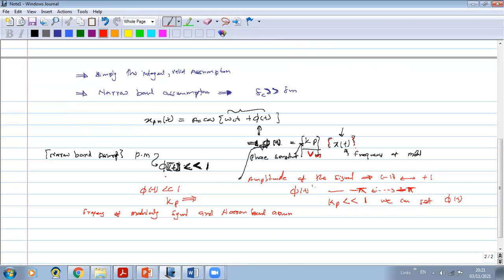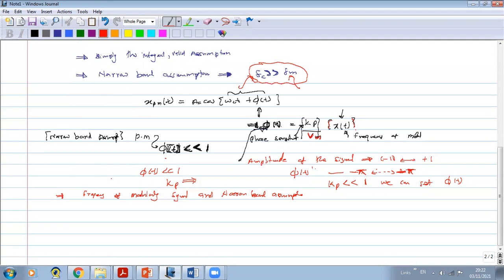But normally in most communication systems, we do the narrowband assumption with respect to the modulating frequency and carrier frequency. So that is what I want to tell you. Anyway, we need not rely much on this, I just tell the information.